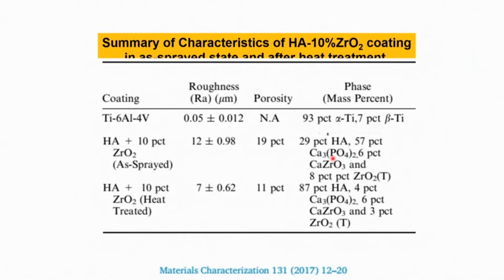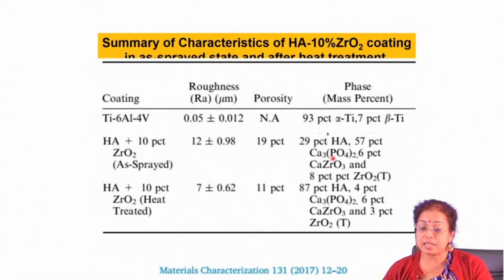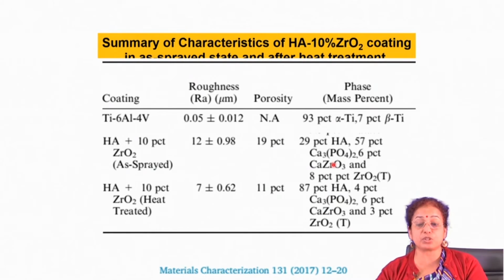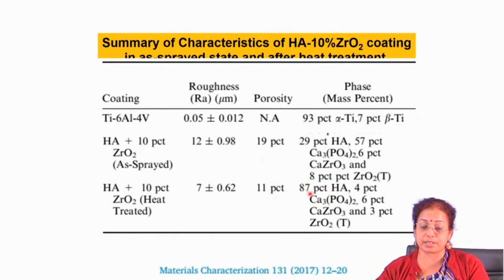If you see the characteristics of the zirconia coating, you will find that again porosity and roughness change because of heat treatment, and in hydroxyapatite plus zirconia coating, you find that the degree of amorphousness decreases to a large extent by the heat treatment process.